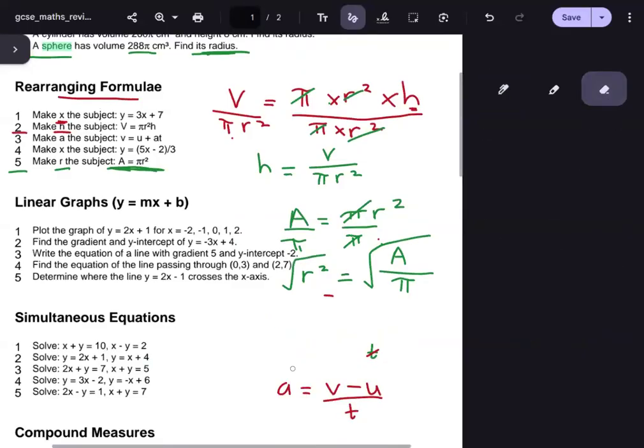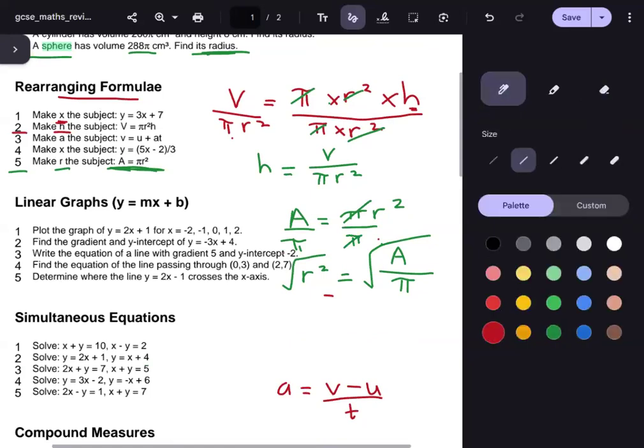So our formula will be, remember, the square root will cancel out with the square, and we'll get R alone, and R will be equal to the square root of A over pi. And that is your final answer. Right? Any questions?